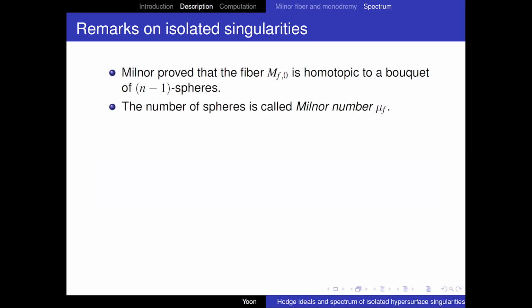The number of spheres is called the Milnor number. Those spheres are inside the n-1 cohomology, so the dimension of that cohomology is the Milnor number.